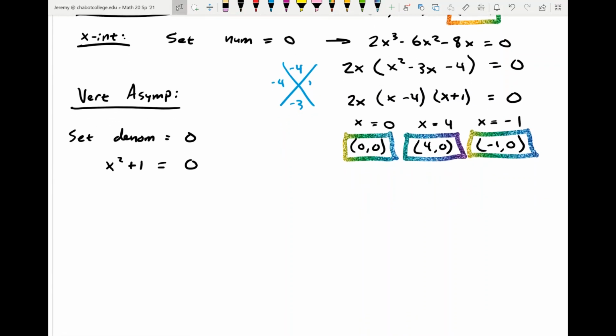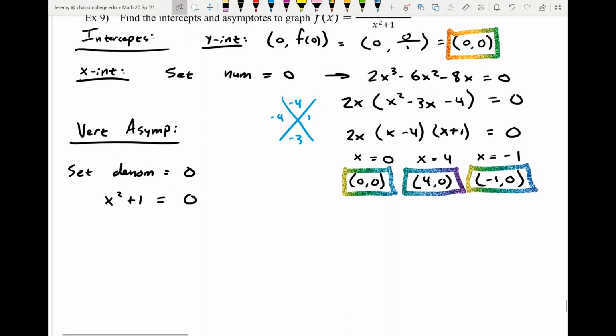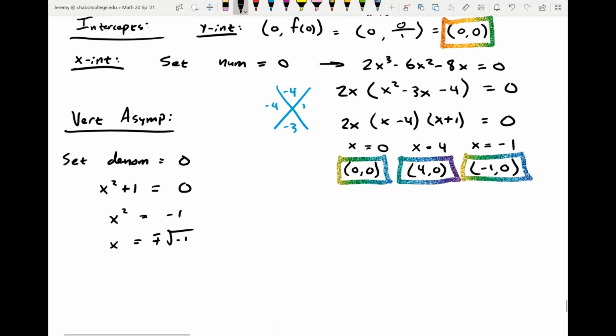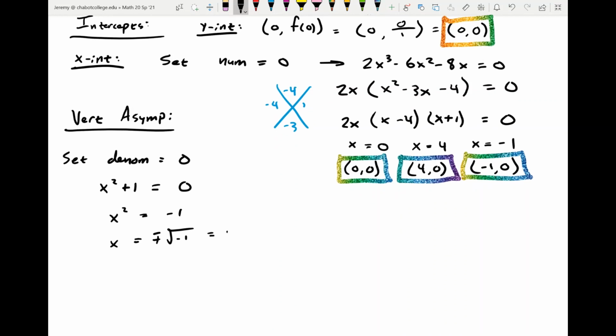Oh, this is kind of interesting. Notice that there are no real solutions to this, right? I could solve this by taking square roots if I wanted, and I would get x equals plus or minus root negative 1. In other words, that's plus or minus i.